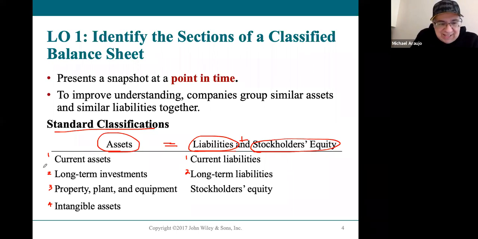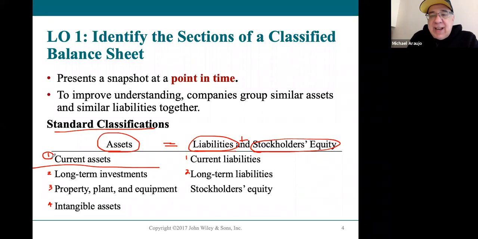So as you see, there are short-term assets that we call current assets. Current assets are very specific. They're either going to be turned into cash very quickly within a year, or they're going to be used and expensed within that year.